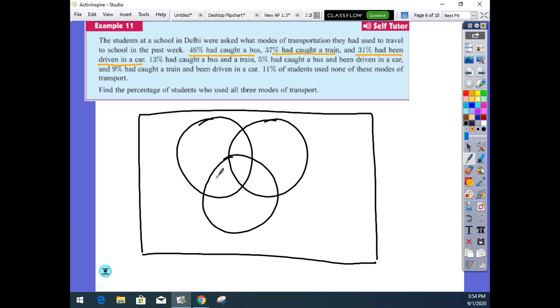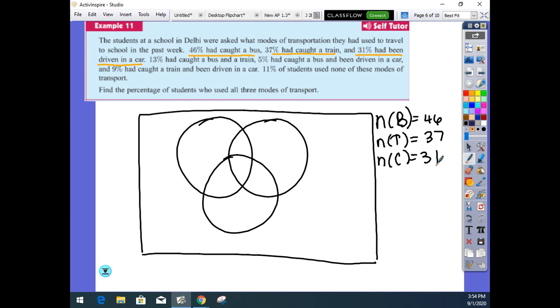All right, so the first thing is the number that rode the bus, I'm going to use B for bus, is 46. The number that rode the train, T for train, is 37. Number that rode the car, 31.